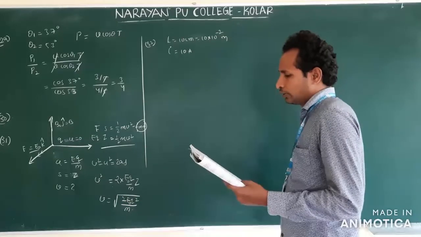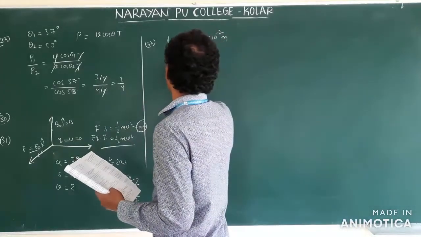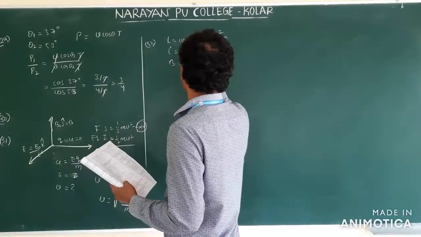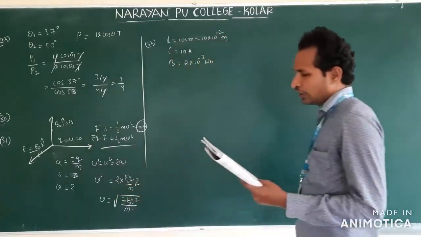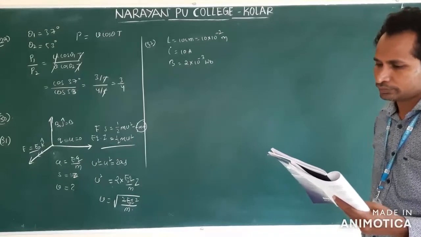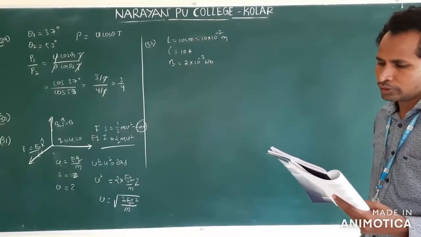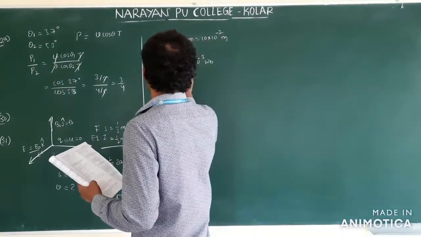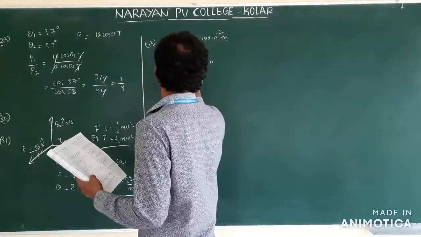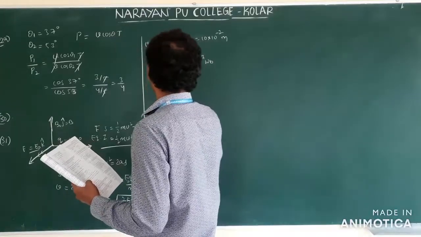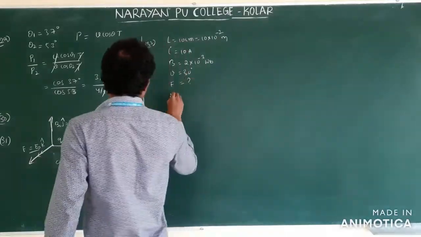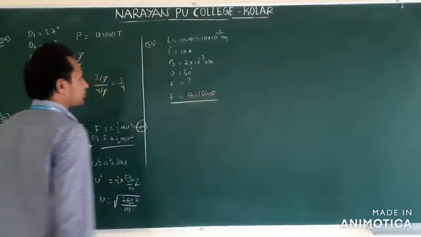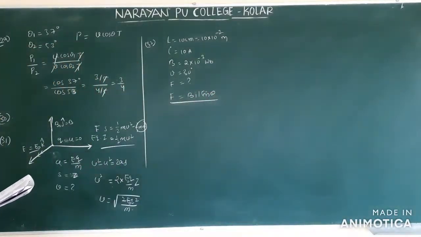Magnetic field B is 2 milliweber, 2 into 10 power minus 3 Weber. Theta is given as 30 degrees, and they are asking for the force. What is the formula? F is equal to BIL sin theta. Substitute the values and you will get the answer.